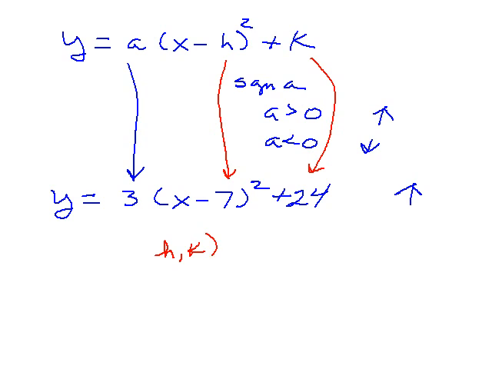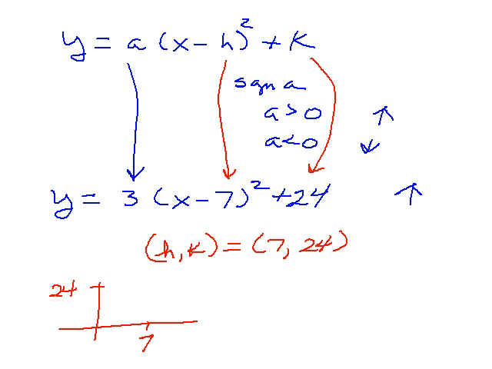So the vertex for this parabola is at 7 in x and 24 in y. So if this is 7 and this is 24, the vertex is here, and this is a parabola opening up. Now I don't know how wide it opens from this without doing more calculations, but at least I can find this one point and know that the parabola is opening up.